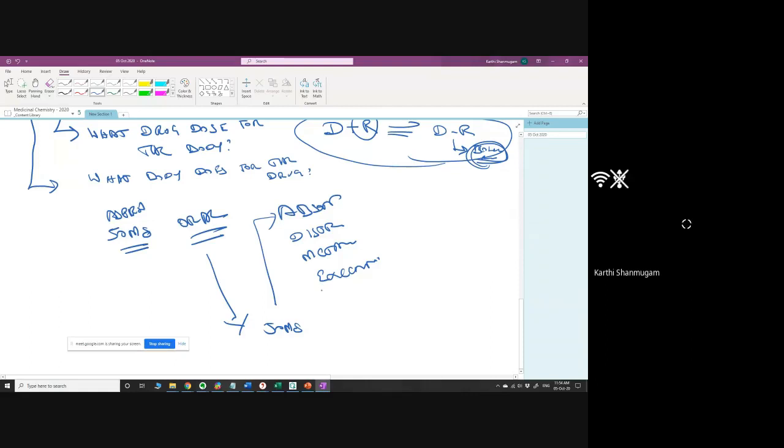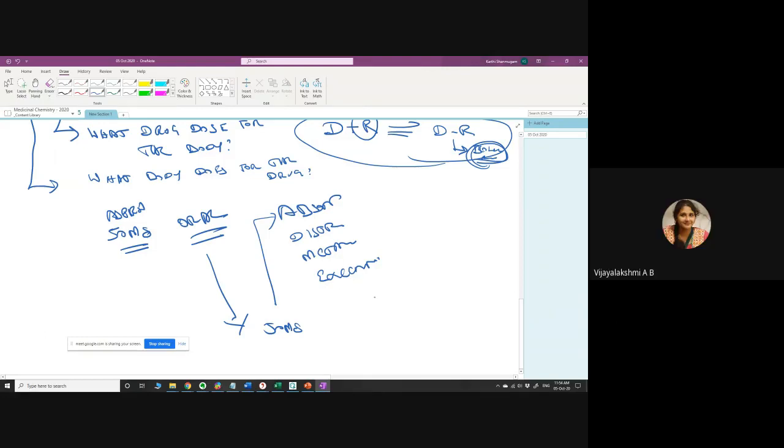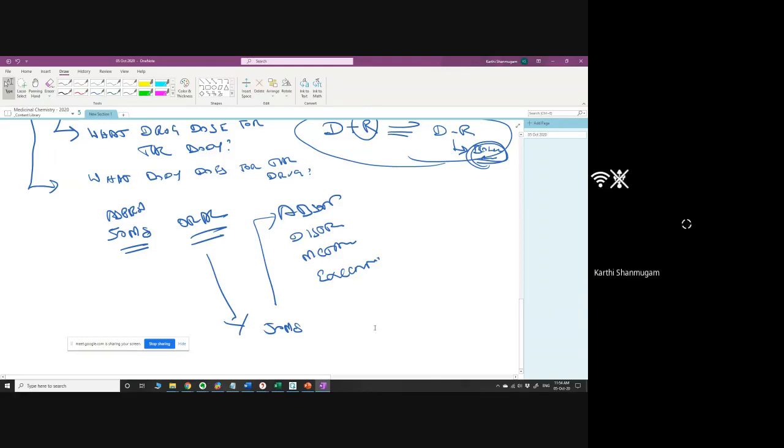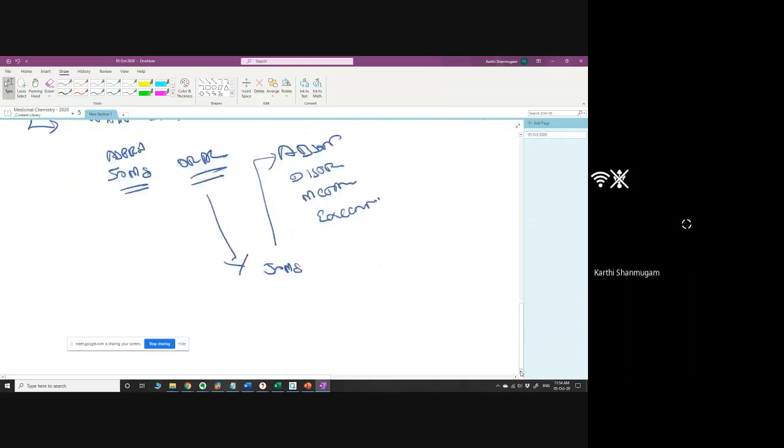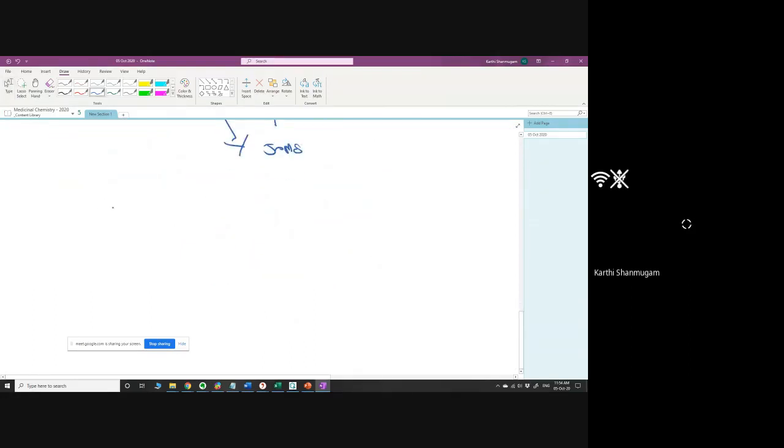That's a statement, right? Am I right? Okay, so if you take 50 mg of the drug molecule, definitely not the entire 50 mg will be absorbed. That's the first point. I'll tell why.